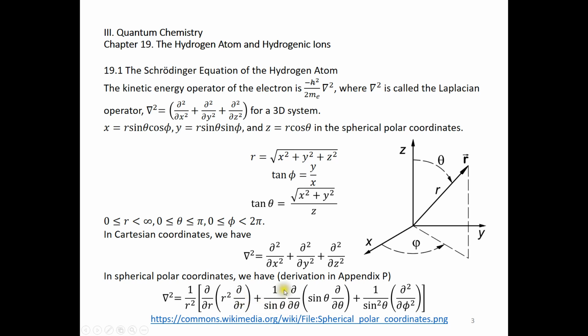The second term is 1 over sine theta, delta over delta theta of sine theta times delta over delta theta. The last one is 1 over sine theta squared, delta squared over delta phi squared. It looks more complicated, but we have to use the Laplacian in spherical polar coordinates to solve the Schrödinger equation for the hydrogen atom. We can see the derivation from the Laplacian in Cartesian coordinates to the Laplacian in spherical polar coordinates in Appendix B.